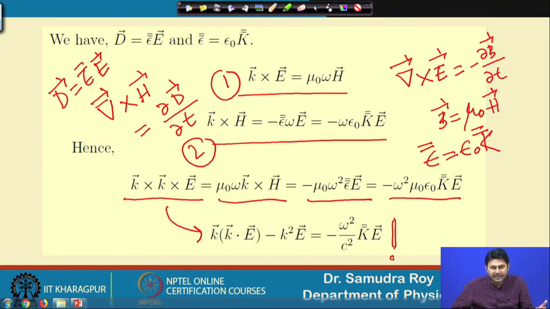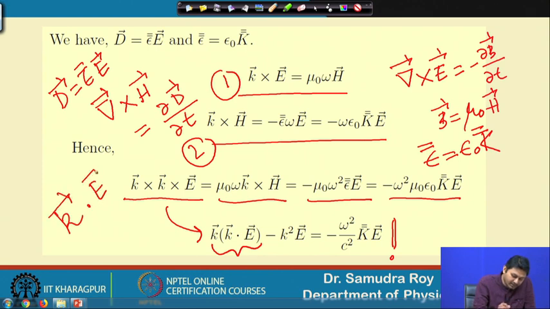So, we have k in our hand instead of the del operator. Here one interesting thing is that k dot E in an anisotropic system is not equal to 0. In an isotropic system k dot E is 0, but in an anisotropic system k dot E is not equal to 0.